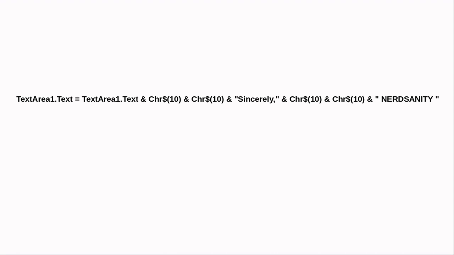Here is a quick overview of the code that will insert the document closing message within the text area on tab 3. This code will insert a predefined and formatted text string to the end of the current contents of text area 1. Again, we will be using the character string command to add what are called new line characters, which will place blank lines within the text string.